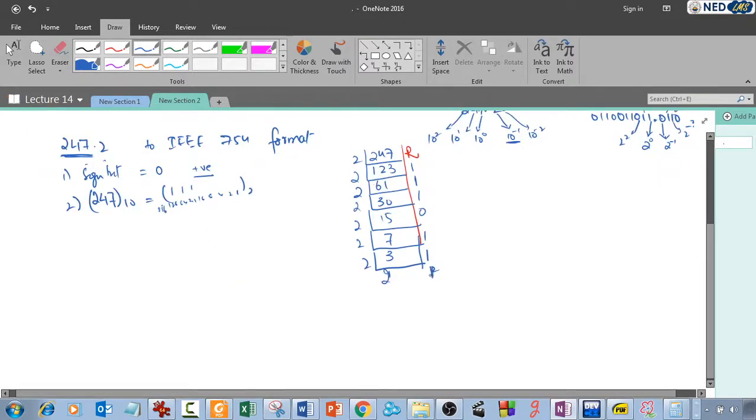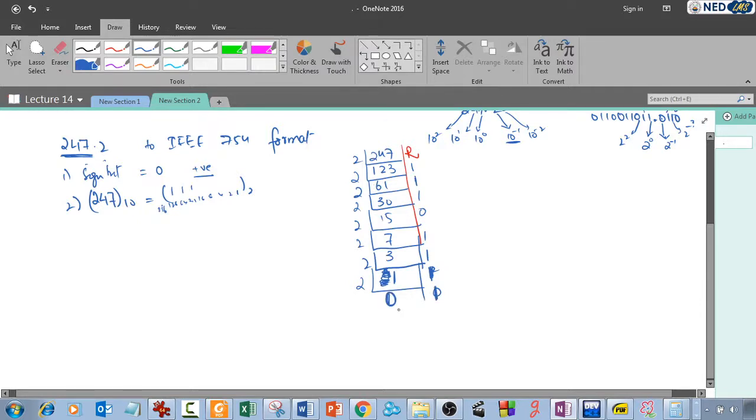Sorry, I did it incorrectly. 2 into 3 is 6, remainder would be 1. 2 into 1 is 2, so remainder would be 1, and 2 into 0 is 0, so remainder would be 1.